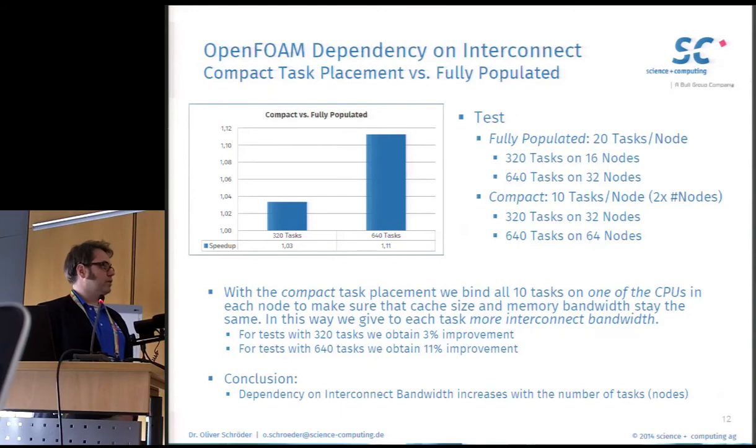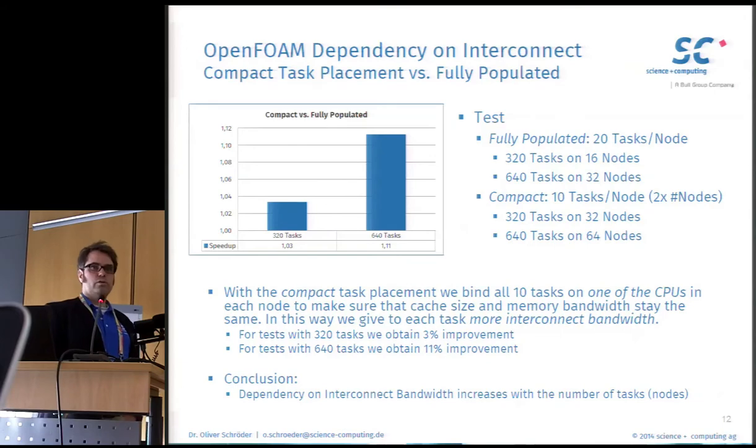So that's interesting because again we have 2 competing phenomena. On the one hand, you have basically doubled your network bandwidth, which should be good because you have double the amount of nodes.